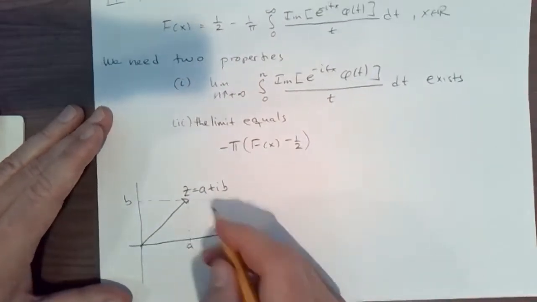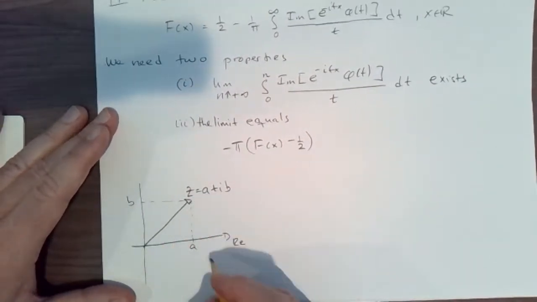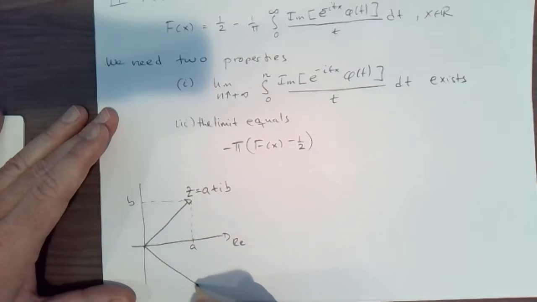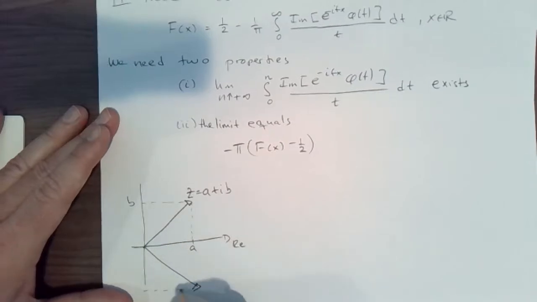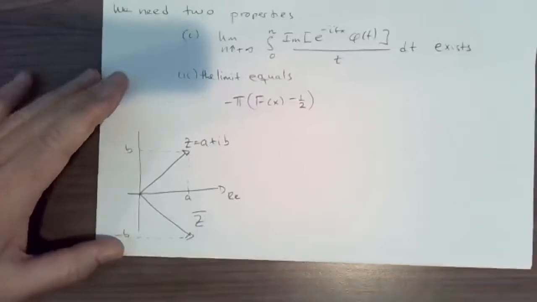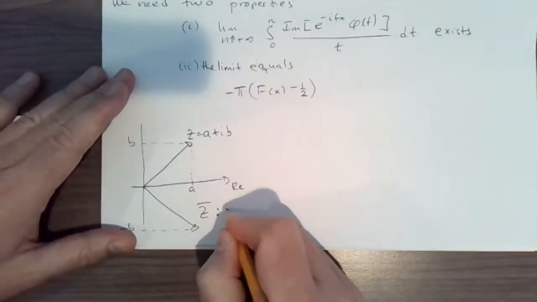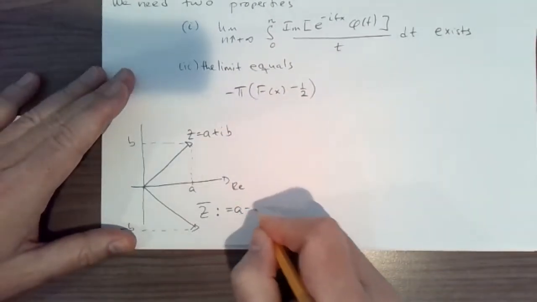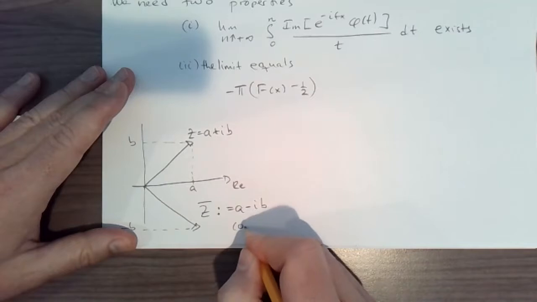If I look at the conjugate, then I swap down to, so my conjugate z bar is equal to a minus ib. This is the conjugate.